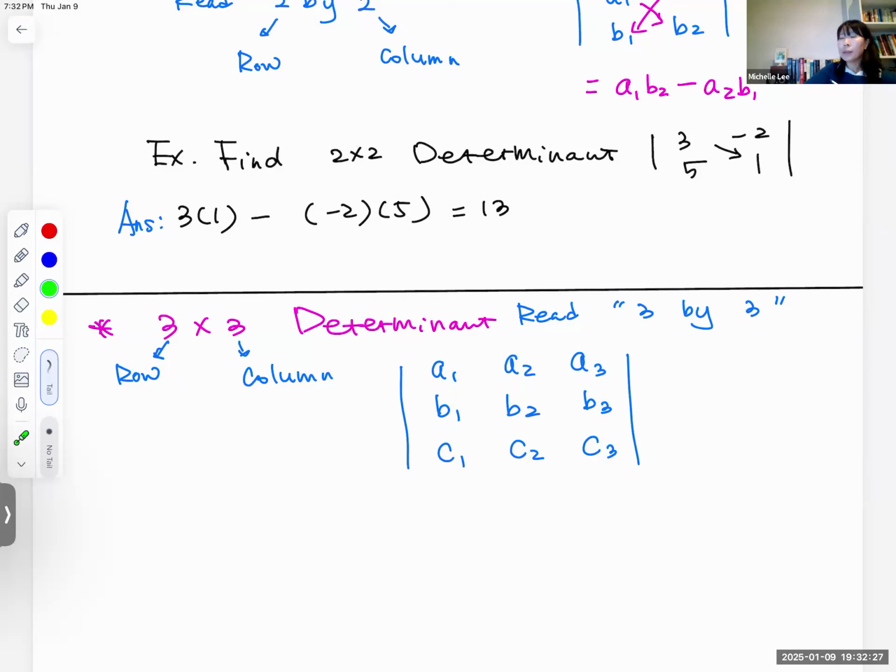Okay. In that case, how do we calculate? We use the first row as a factor. So that will be A sub 1.